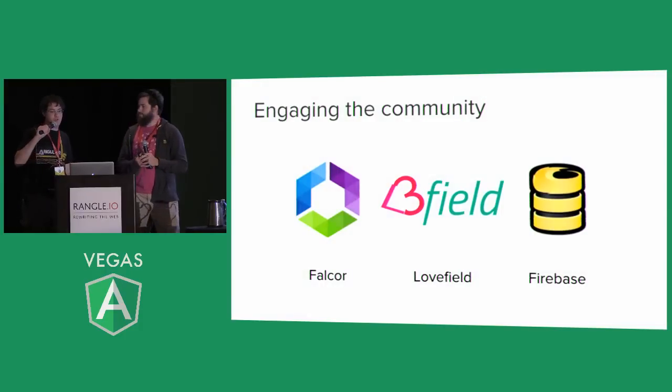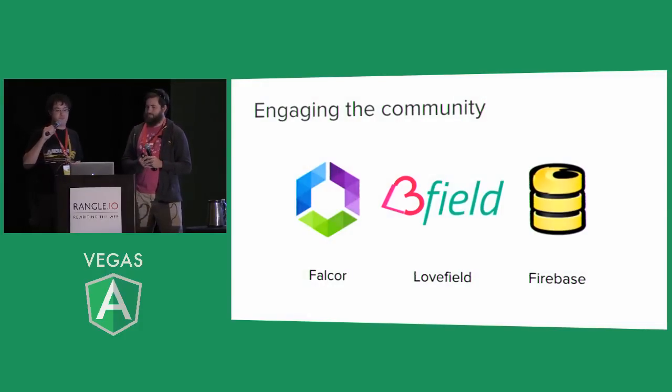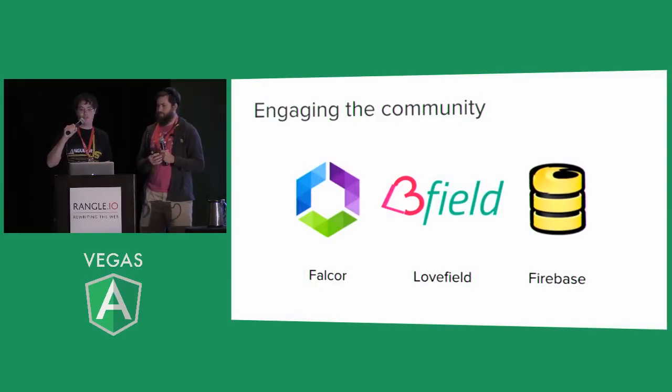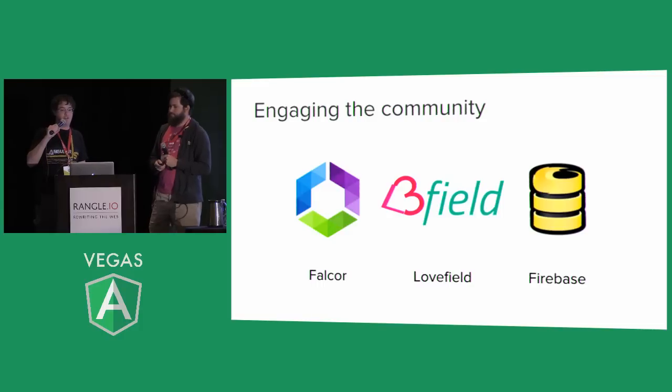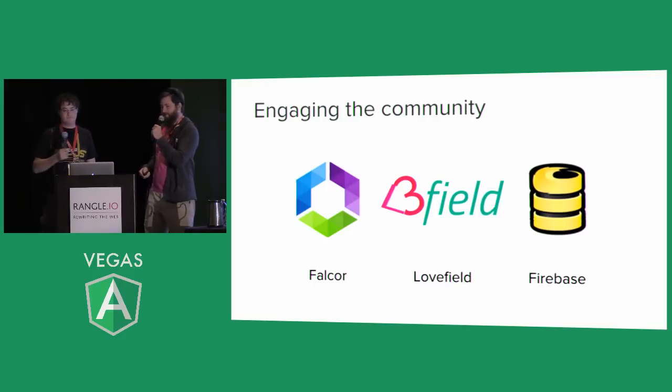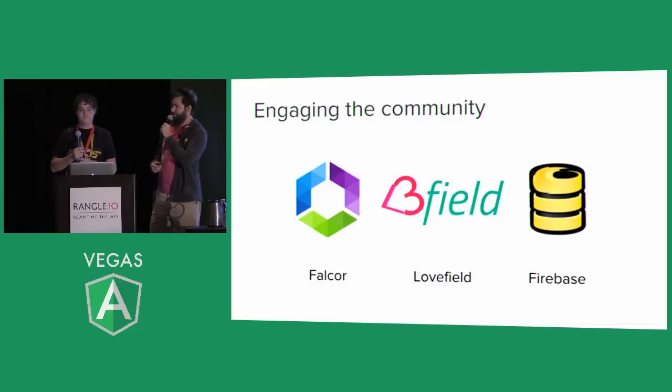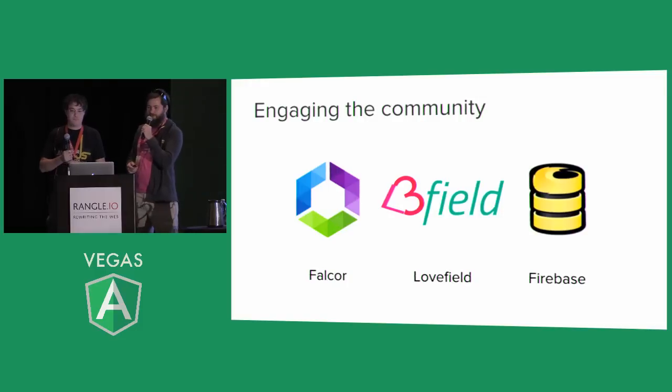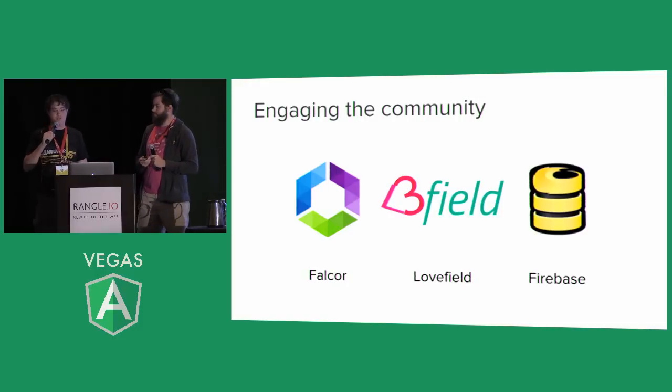So one project we've been working closely with is Falcor from Netflix, which Jafar will be speaking about later in the conference. Their experience integrating Falcor with Angular 2 has provided us valuable insight into how to design data APIs to make it easier for third-party libraries to get their data into Angular. And they've provided great insight on how we can improve the framework as well as how we can leverage observables in the framework.